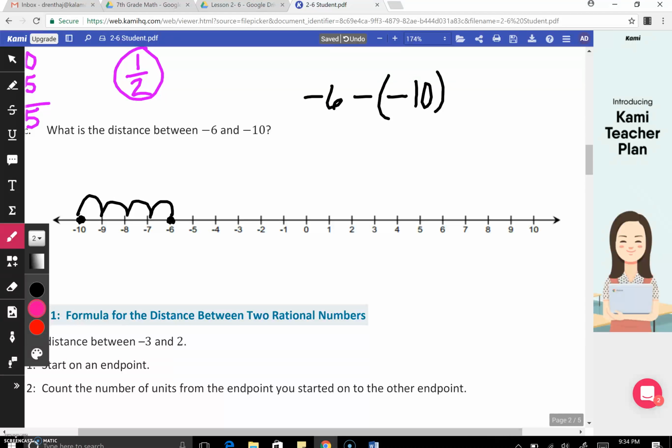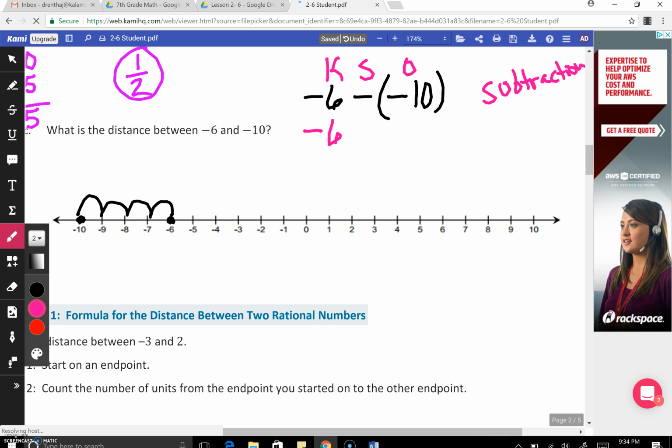We're going to use that strategy called keep switch opposite. We're doing that because this is a subtraction problem. You can always do that on a subtraction problem. So -6, we're going to switch subtraction to addition, and we want the opposite of -10, which is +10. Now it's an addition problem with different signs.